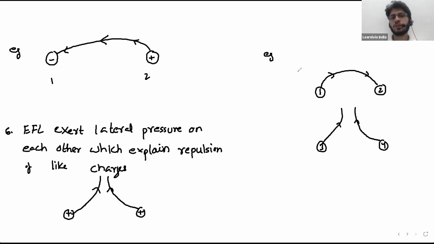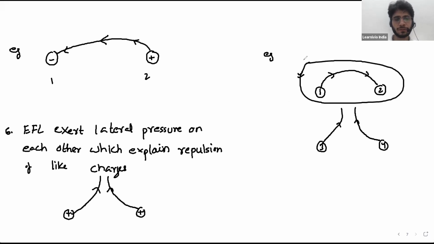Just by looking at this picture, can you tell me that 1 and 2 are attracting or they are repelling each other? They are attracting. Now, can you decide out of 1 and 2 which one is positive and which one is negative?